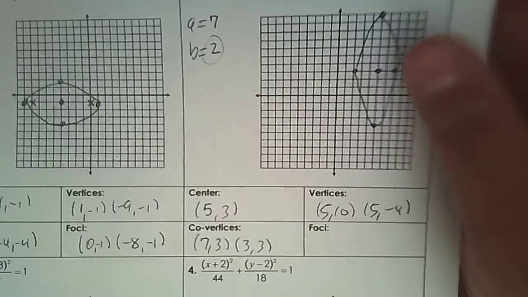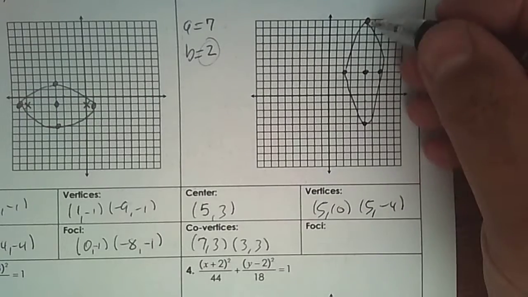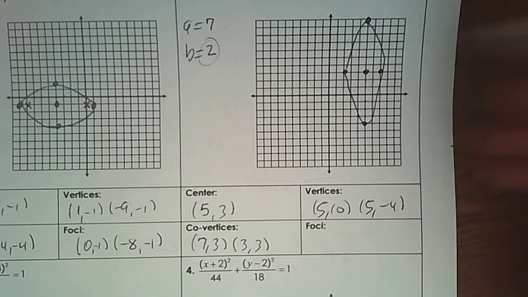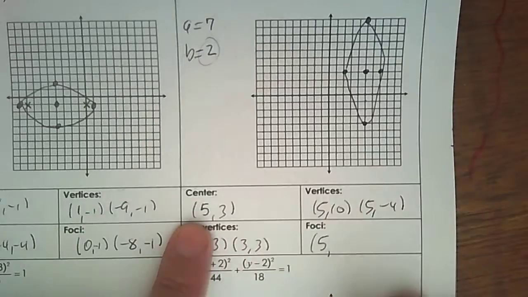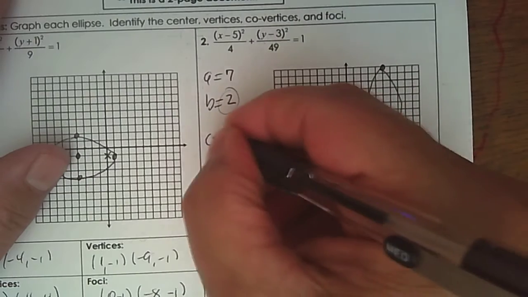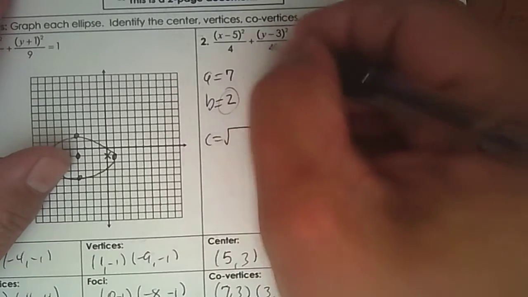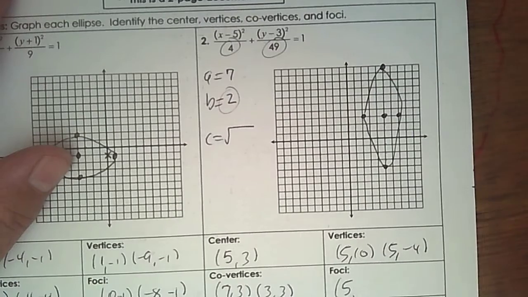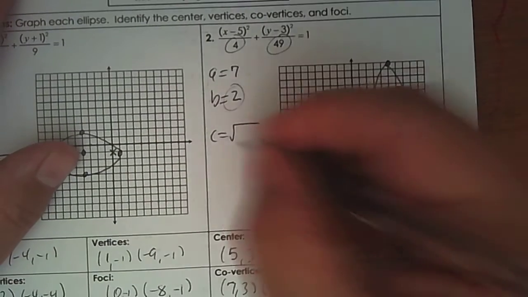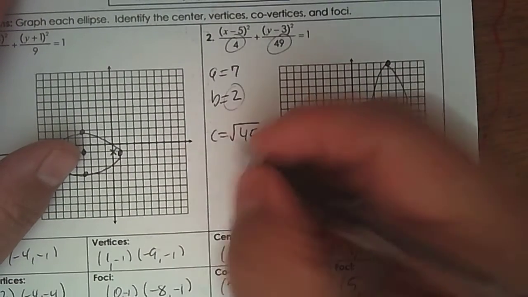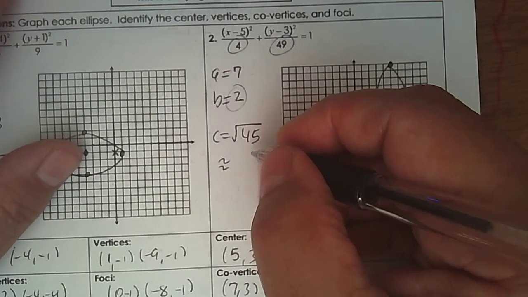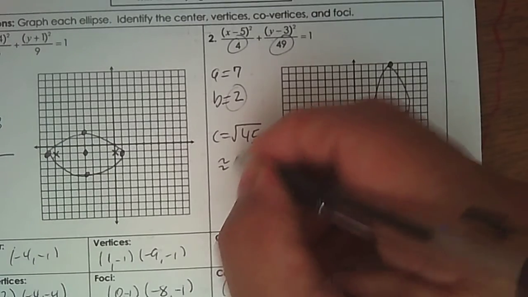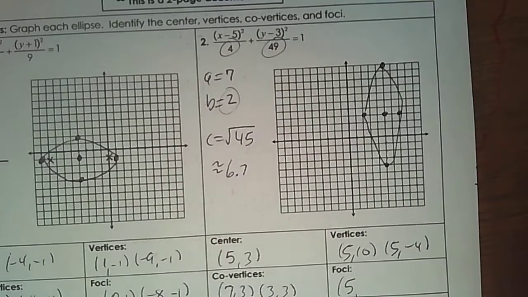The foci, well, that's always along the major axis. That's the longer one, the y coordinate. So we're going to have x equal to 5. Now, to find what that value is, you take the square root of the difference of the denominators. So 49 take away 4 is the square root of 45. And the square root of 45 is not quite 7, like 6.7, 6.8, 6 and a half-ish.